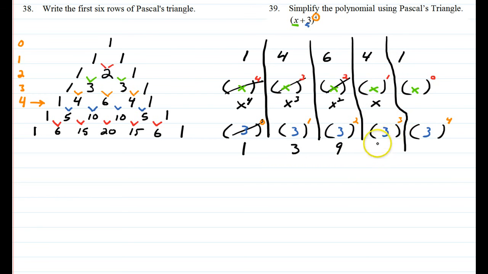The 3 cubed is 27. This becomes 1. 3 to the 4th is 81. So now you just multiply the 1, the x to the 4th, times the 1, which gives us x to the 4th.